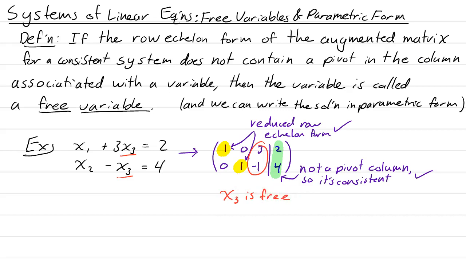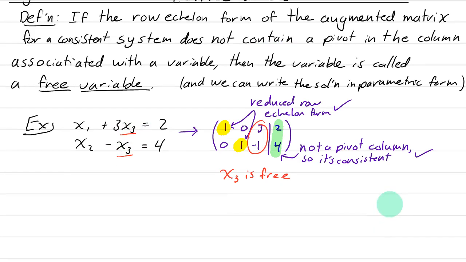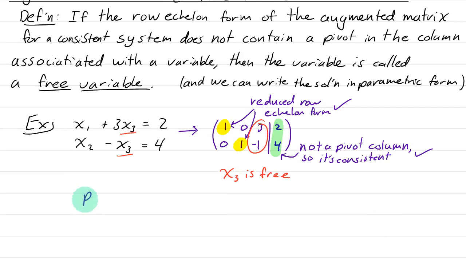And when x3 is free, that means that this is actually ready for us to write the parametric form of the solution set. And to do that, we're just going to solve for each of the other variables in terms of the free variable.